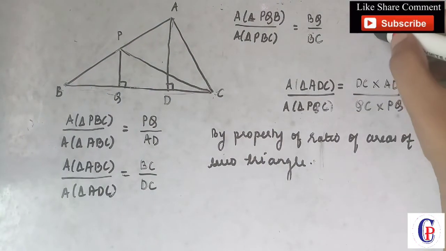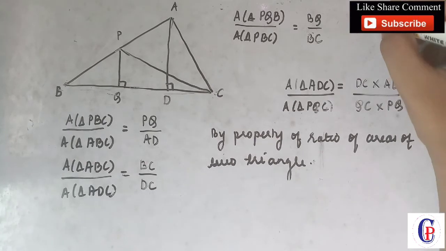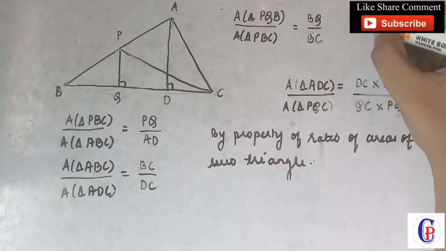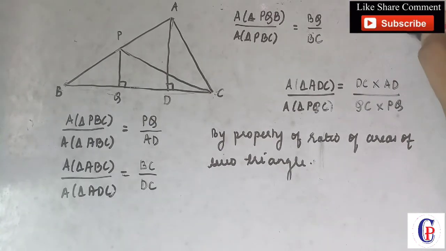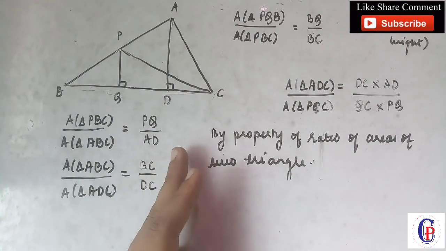And here you need to write the BQ and BC. What was this? For PQB and PBC. Achha, the height was the same. So we have to write here triangle with common height. Here we will write triangle with common. Now I forgot what was the same here.